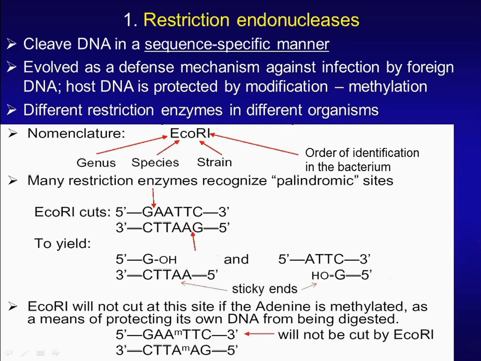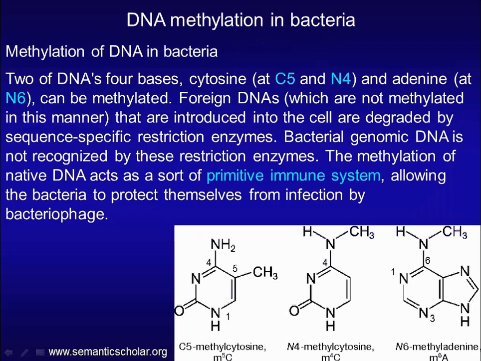Third, EcoR1 will not cut at these sites if adenine is methylated. By doing so, it protects its own DNA from being degraded. In bacteria, cytosine can be methylated at C5 or N4 positions.